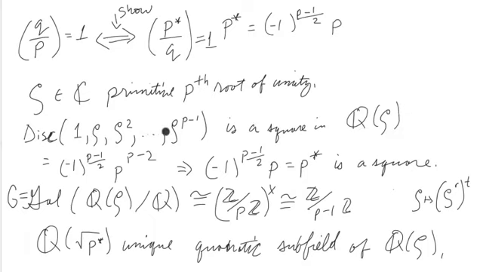Okay, so when we compute the discriminant, it has a nice form. It's a power of P times this power of -1, and we know its square root lives in this field.